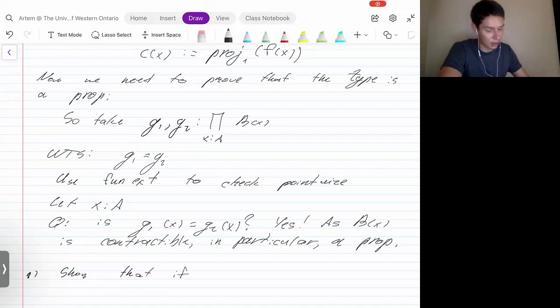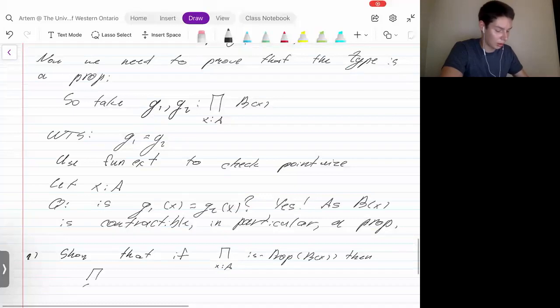Okay. And the second part is to show that if for all X in A, B of X is a proposition, then the entire function space is a proposition.